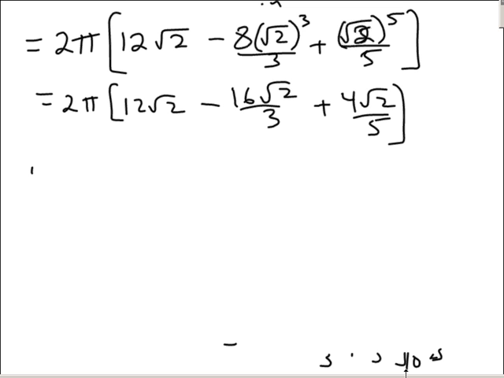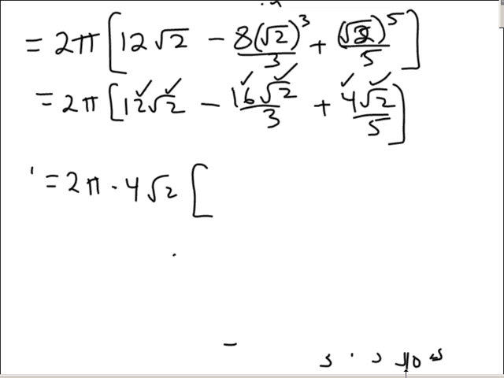The algebra is not over. First thing I can see is I can factor out 4 square root of 2's. I can factor out a 4 because 4 goes into 12, 16 and 4. And square root of 2 goes into the square root of 2's.